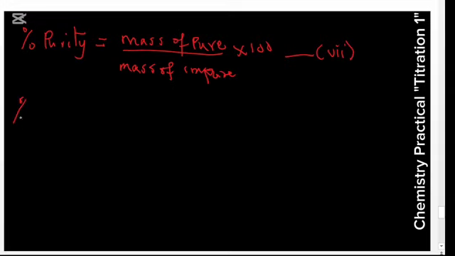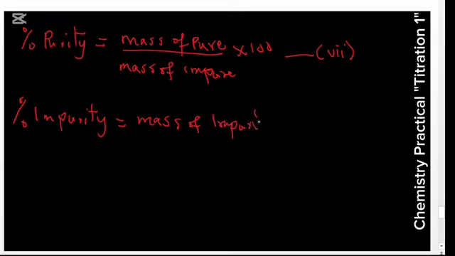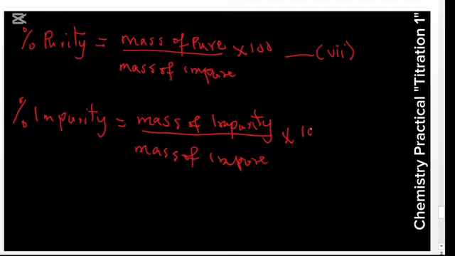You have percentage impurity is equal to mass of impurity over mass of impure times 100. This is equation 8.